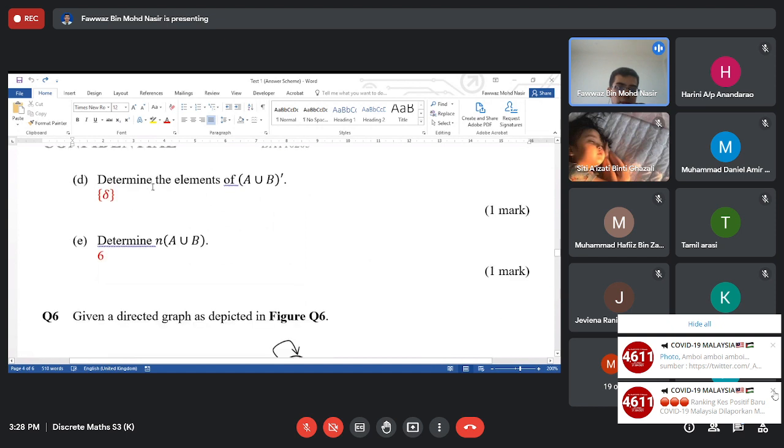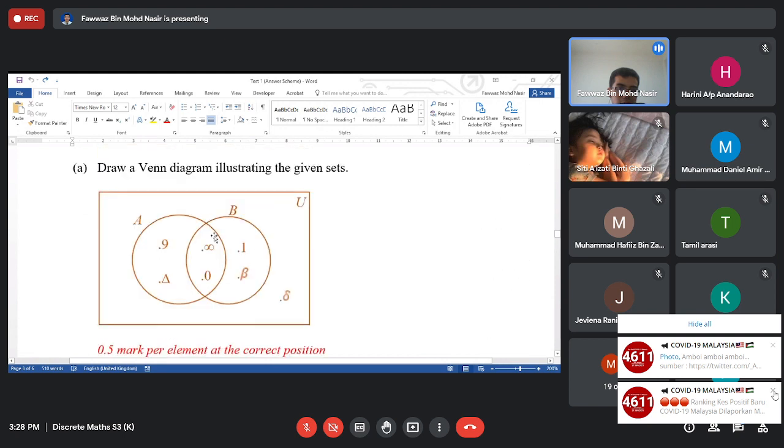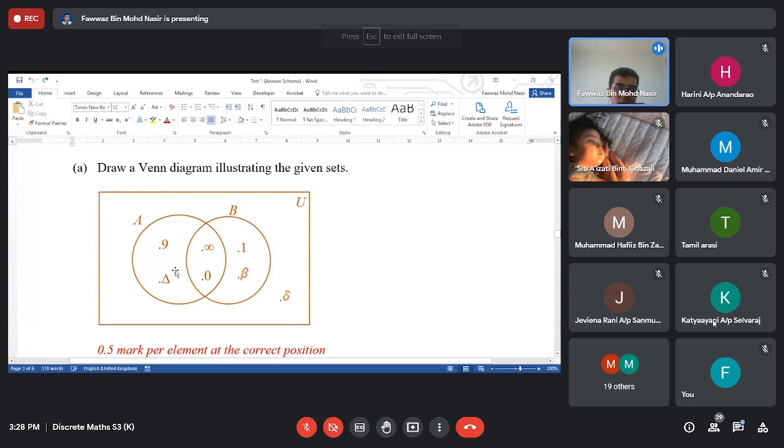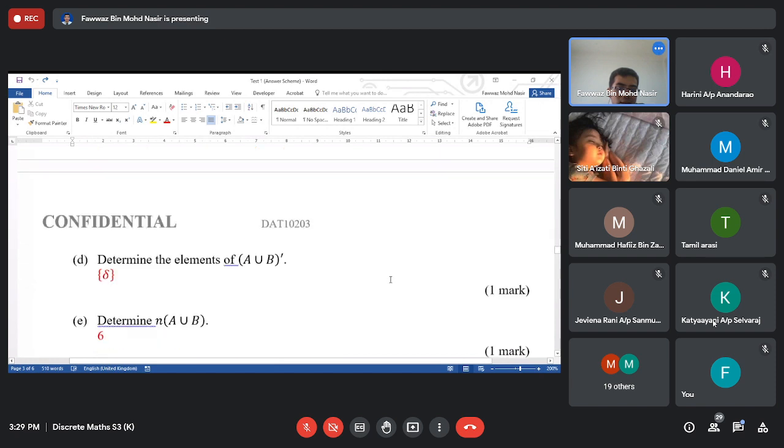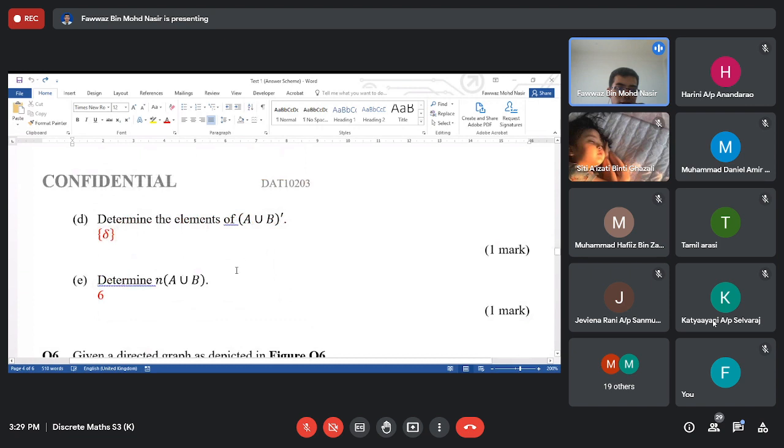Then determine the elements of A union B complement. So A union B is this one, okay, but the complement of A union B is the area outside of this A and B. So the element dia adalah gamma ni. Okay, so write down gamma.